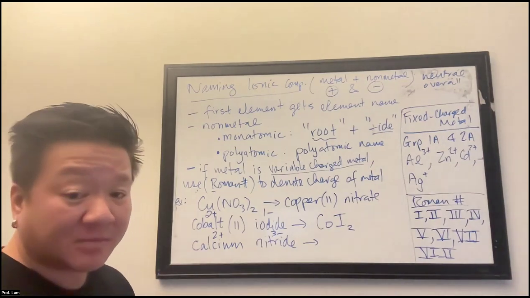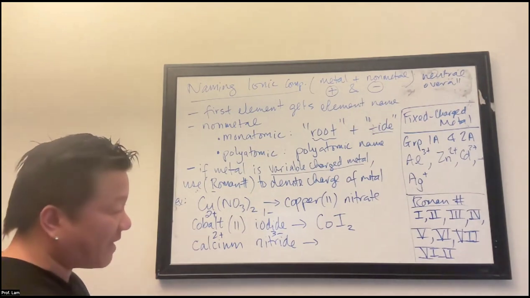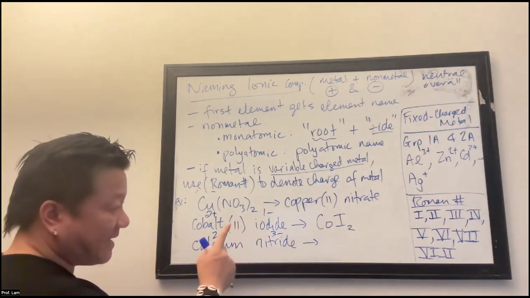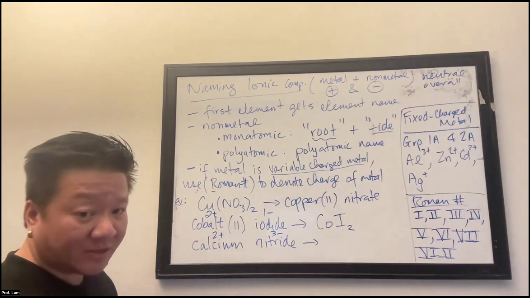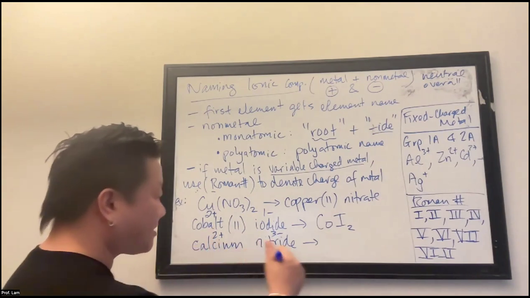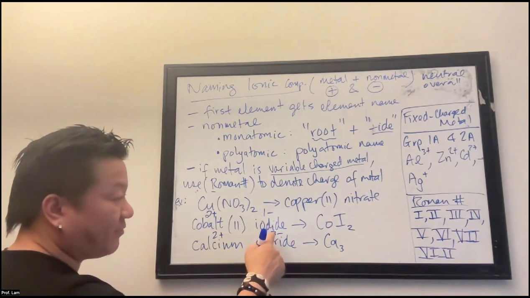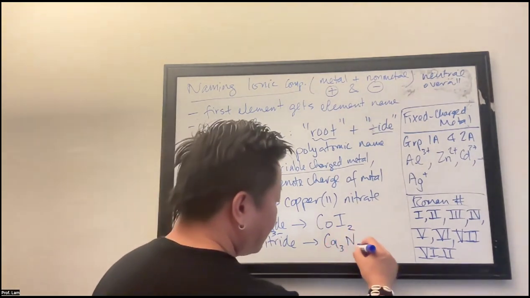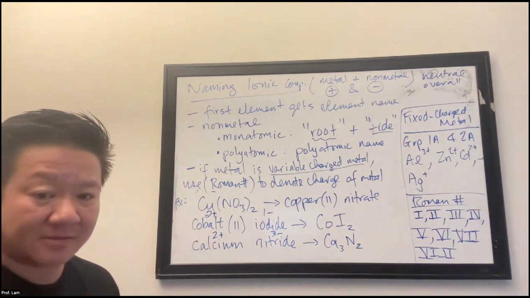That's going to be 6, everybody agrees? So now take 6 and divide by each of the charges, and you'll get the number of each atom you need. 6 divided by 2 is 3, so I'll need 3 calciums. 6 divided by 3 is 2, so I'll need 2 N's.